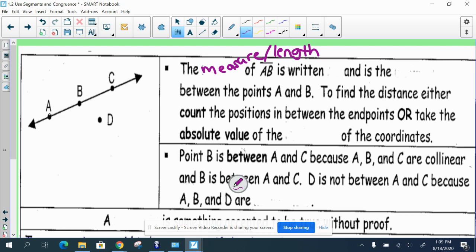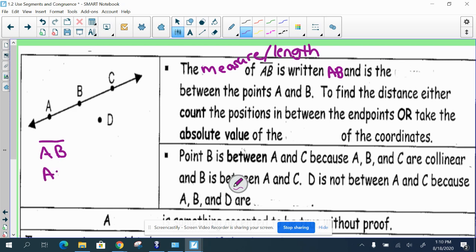So segment AB itself is a geometric figure, but the measure is the length. So that's written as just AB without the segment symbol on top of it. So whenever you see AB with the segment on top of it, that's denoting the actual segment in the diagram.